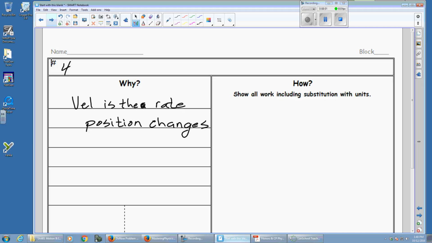Well, the slope of a position time graph is the velocity. We did that a few weeks ago. Right? We did a whole interactive about carts moving.